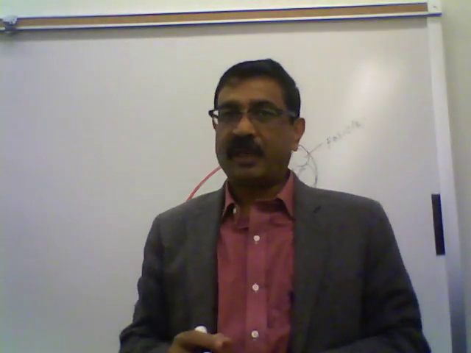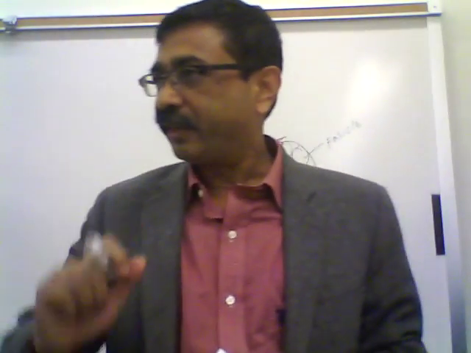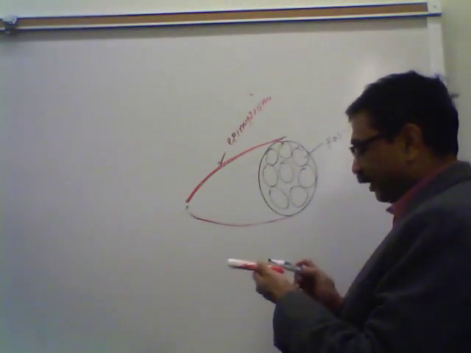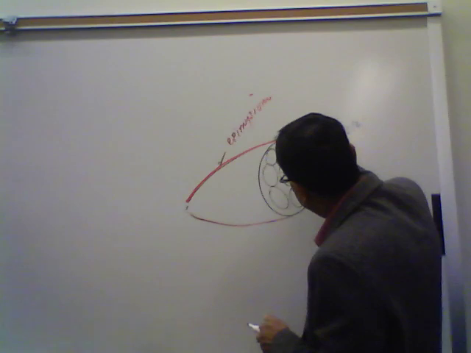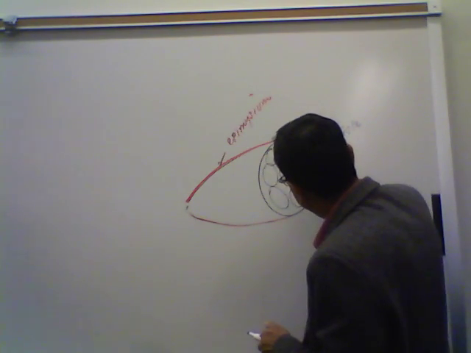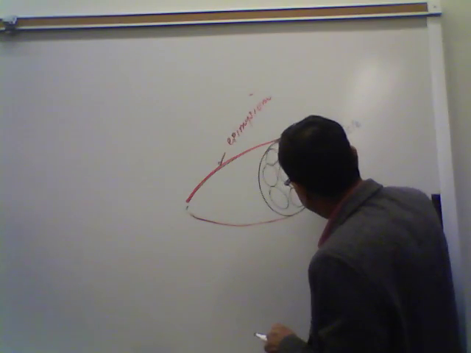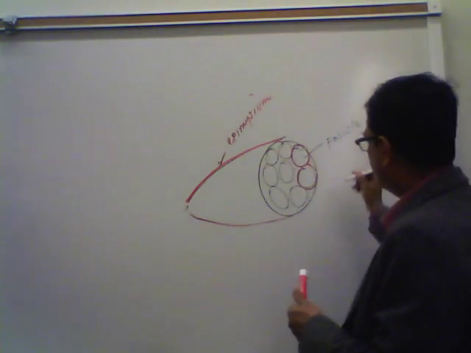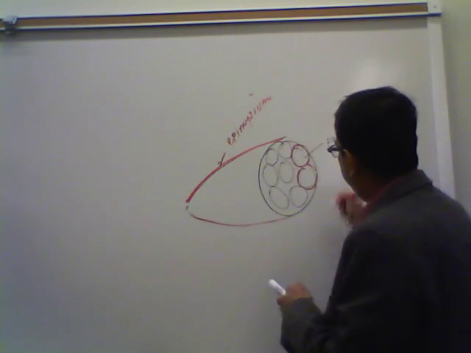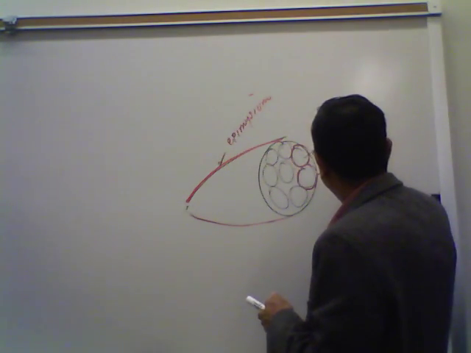So inside the muscle you have many fascicles, and each fascicle has again connective tissue covering, and that is called the perimysium. So each fascicle has the connective tissue covering that is called perimysium.